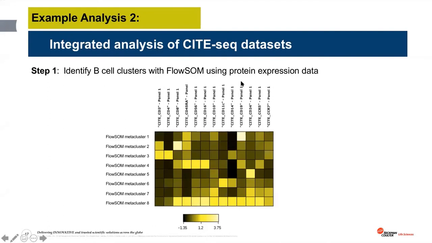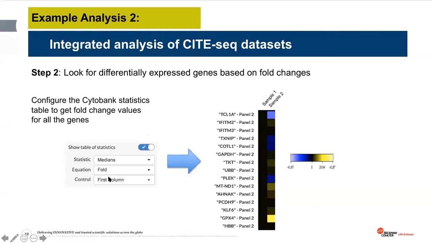Particularly, if you look at meta cluster number 1 and these CD19 expression columns, you will notice that meta cluster 1 is likely to be a B cell cluster because it has really high CD19 expression. Now we know that meta cluster 1 is a B cell population, we can go to step number 2.